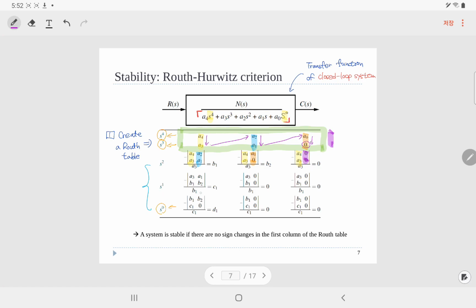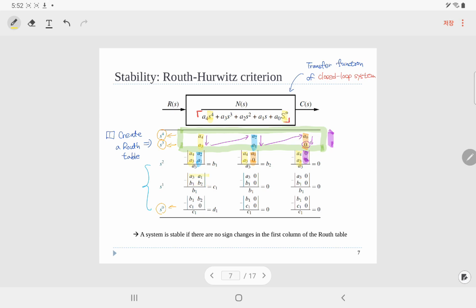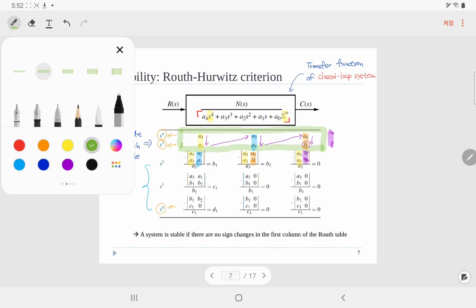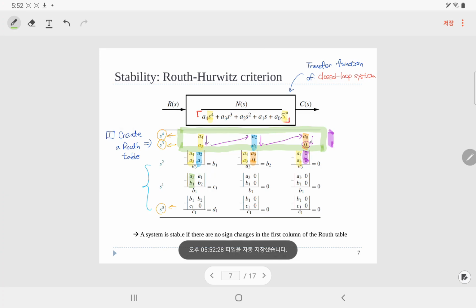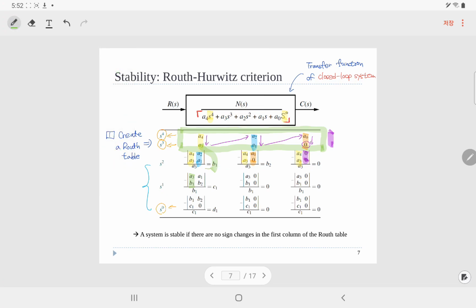Let's consider one more entry, this one. Then the first column of the determinant is A3 and B1, which appear here. So this part becomes the first column of the determinant.